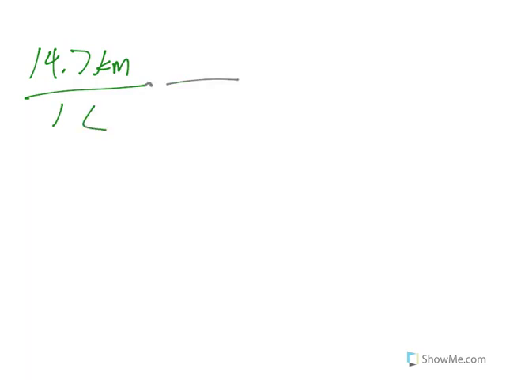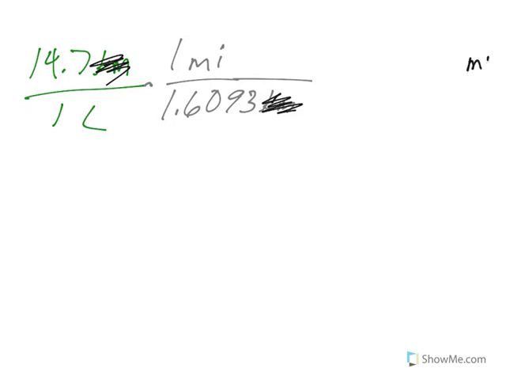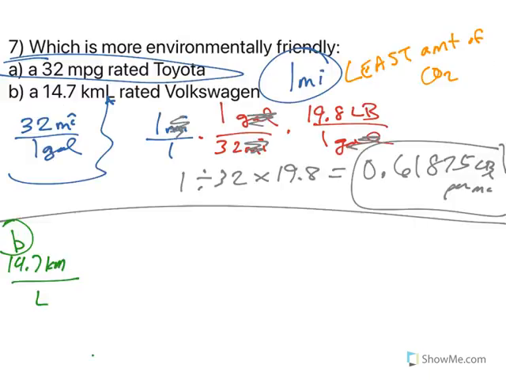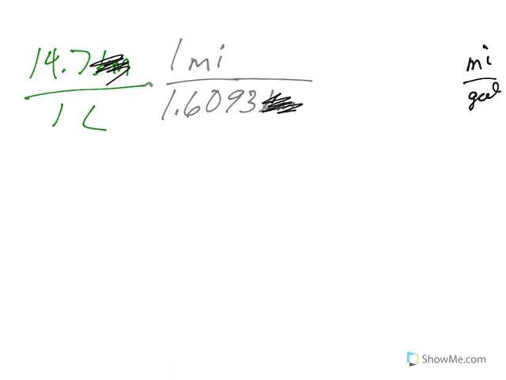So I know that I can take 1 mile on the top, and 1.6093 kilometers on the bottom. Okay, so that takes care of my kilometers. I'm in miles, right? Because remember, I want to be in miles per gallon. That way we can easily compare it to the Toyota.